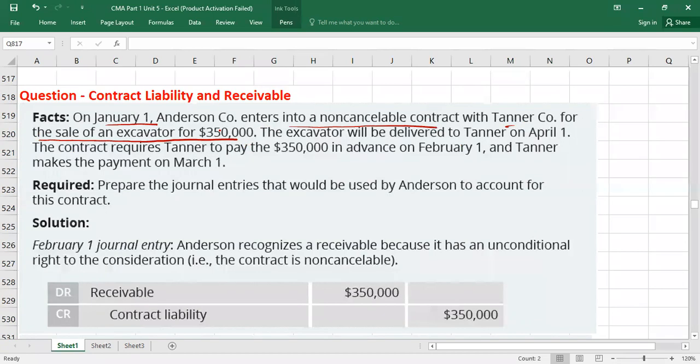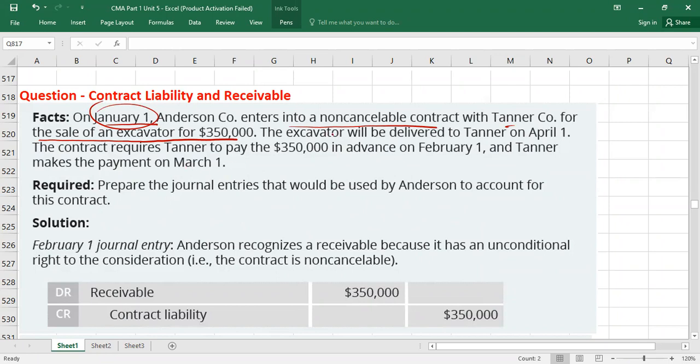You entered into the contract that you will sell the excavator for 350,000, and the contract was agreed on January 1. On January 1, we will not do anything. We cannot book revenue, etc. Revenue will be booked once your performance obligation is satisfied.